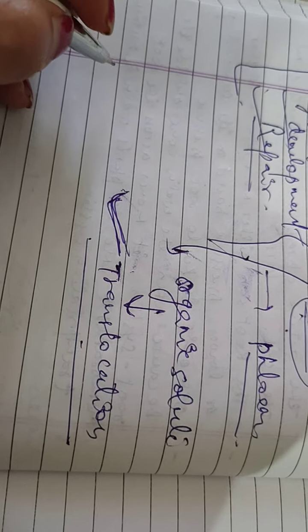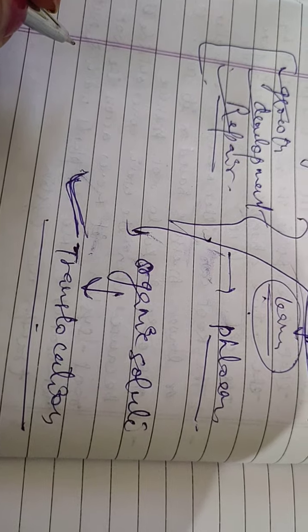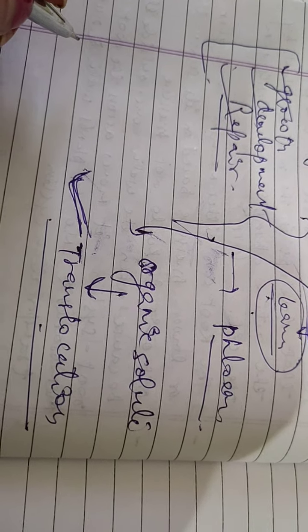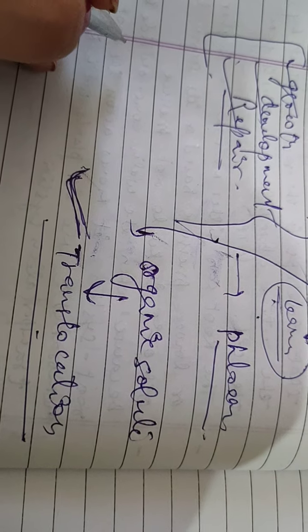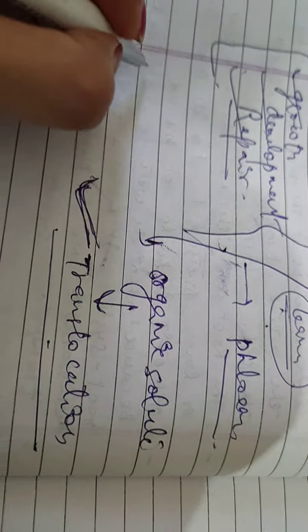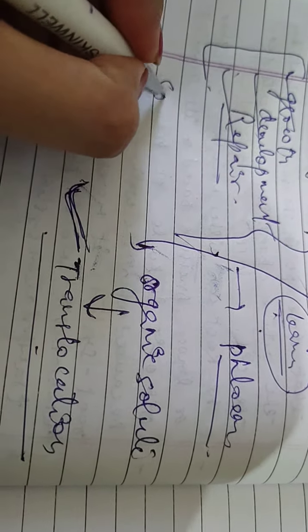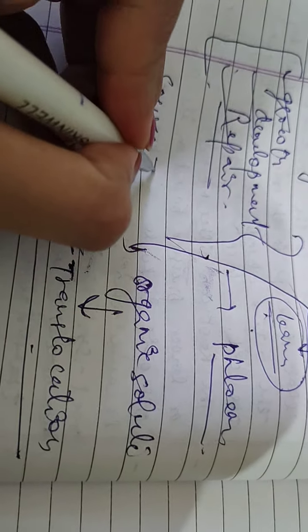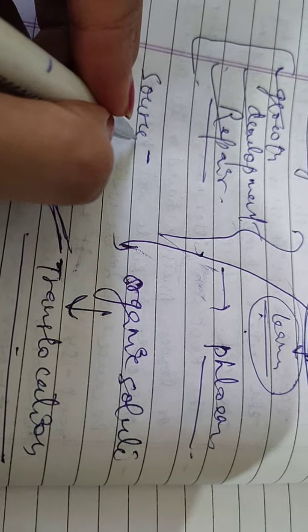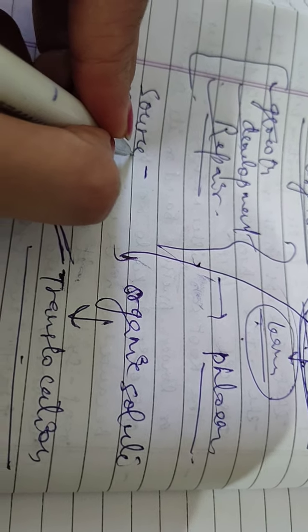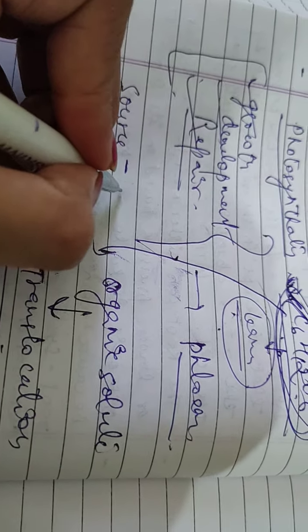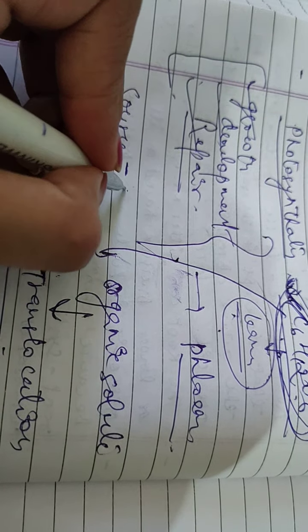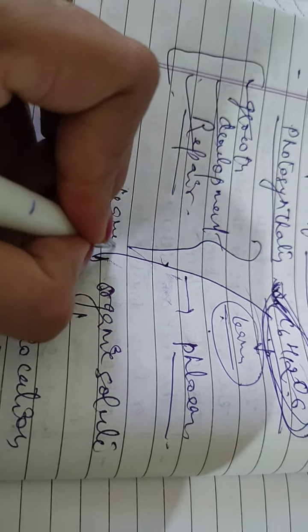So translocation is the movement of organic nutrients from the region of source or supply to the region of sink. What are source and sink? Source is where it is made, the factory or kitchen, that is the leaves.